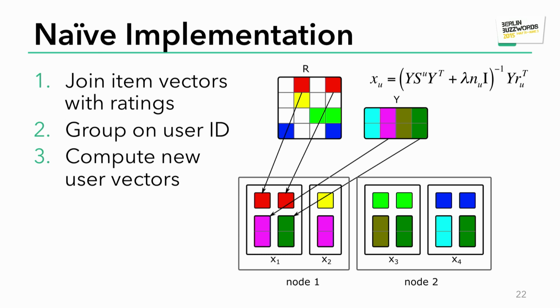However, here in this example, we already see one of the drawbacks of this approach. User 1 and user 2 are actually computed on the same node, right? Additionally, we see that user 1 and user 2 have both rated the second item. So even though they are kept on the same machine, the second item vector has to be sent twice to the same node. So we are basically sending redundant information over the network, which is bad.